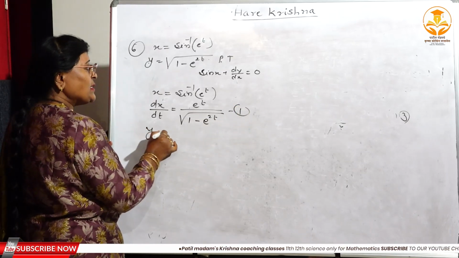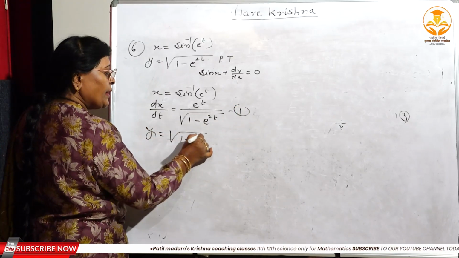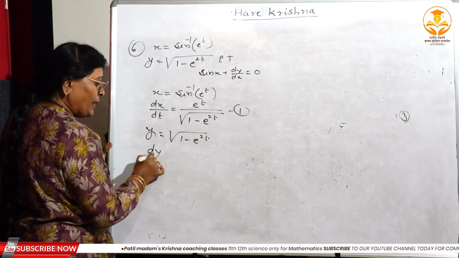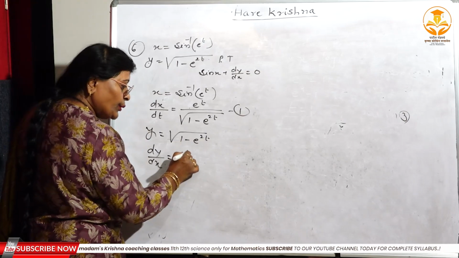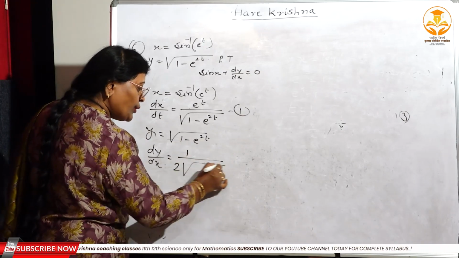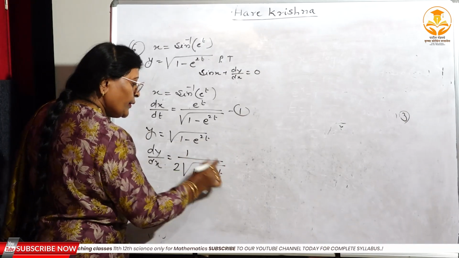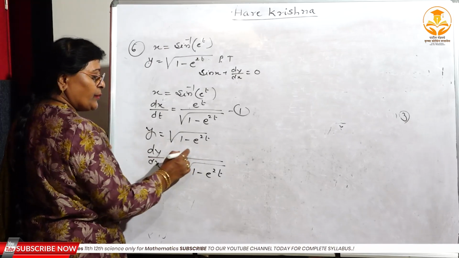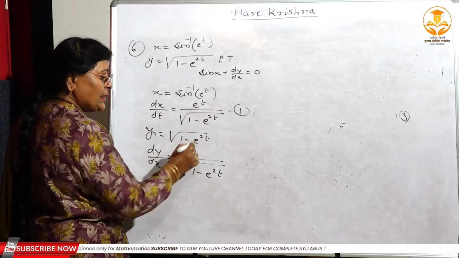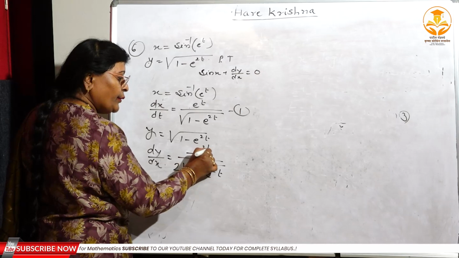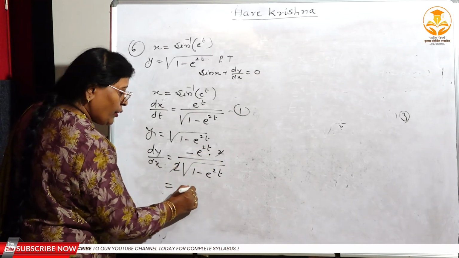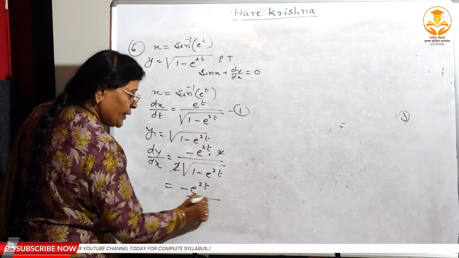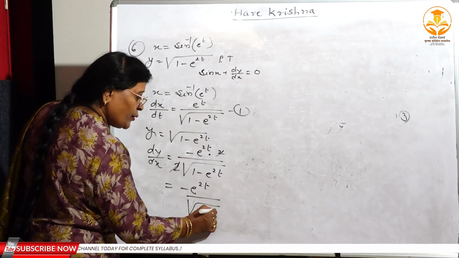Again, y is equal to root of 1 minus e raised to 2t. Again dy by dt, substitute u. The derivative of root u is 1 upon 2 root u, right? Again, the derivative of 1 is equal to 0. Minus sign remains as it is. e raised to 2t, derivative e raised to 2t into 2. 2 gets cancelled. Here you have got minus e to the power 2t divided by root of 1 minus e to the power 2t.